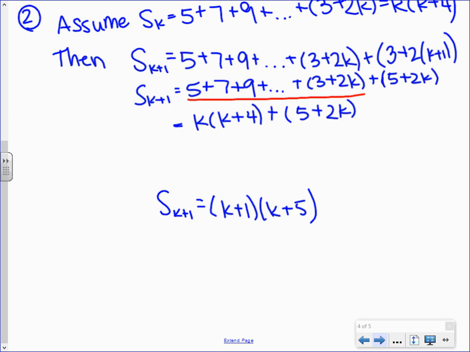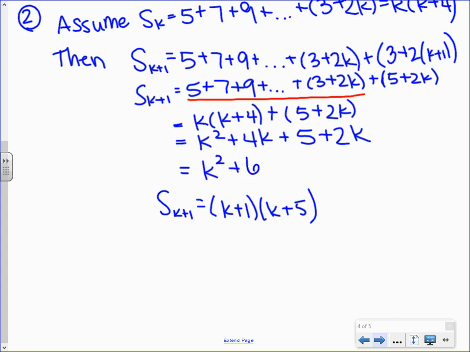Okay, now it's a matter of figuring out how to get our algebra from there to where we need to be at the bottom. Thoughts? Okay, let's distribute. K squared plus 4k plus 5 plus 2k. We're eventually going to need to factor, so combining like terms would be a good idea.